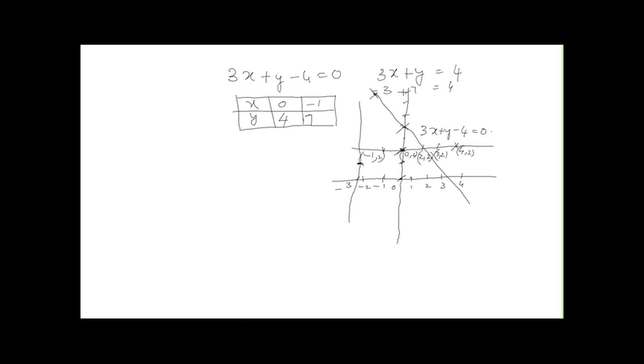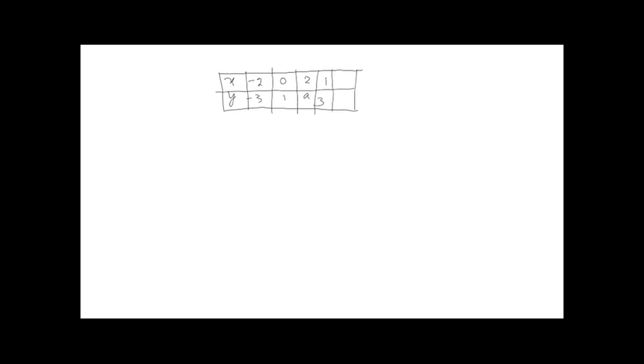Supposing I give you a table like this. x: -2, -3, 0, 1, 2, a; y: 1, 3, b, -7.